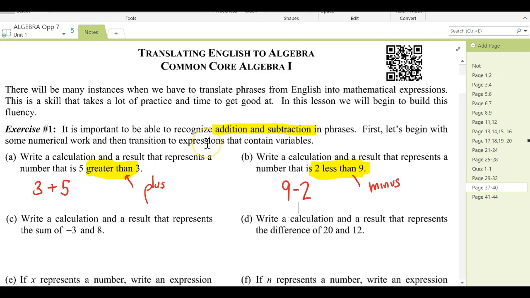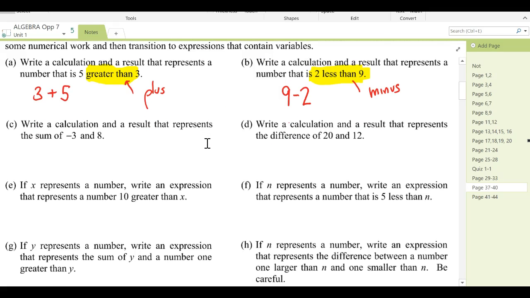All right. Letter C. Write a calculation and a result that represents the sum of negative 3 and 8. There's the math word right there. Sum. What do you think it means? We need to add. Plus.